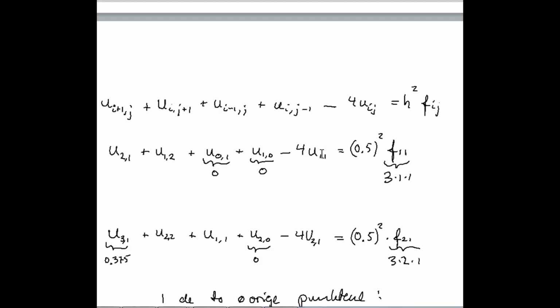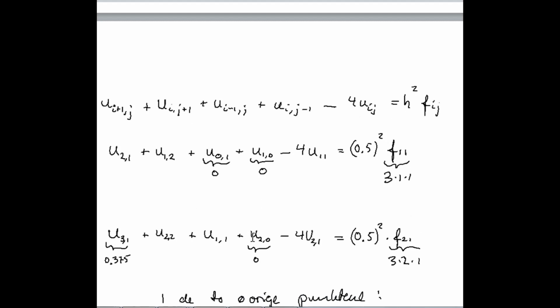If we consider the next equation, the second point 2,1, we certainly get this equation. And we note that these are boundary points. This is the value of u at the boundary on the left side, and this is a boundary point on the bottom, which both are assumed to be 0.